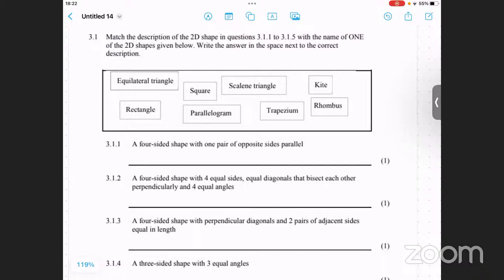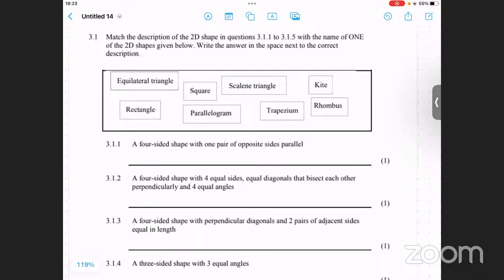We have equilateral triangle, rectangle, square, parallelogram, scalene triangle, trapezium, kite, and rhombus, okay? They're saying a four-sided shape with one pair of sides parallel. Which one is it? It's trapezium.